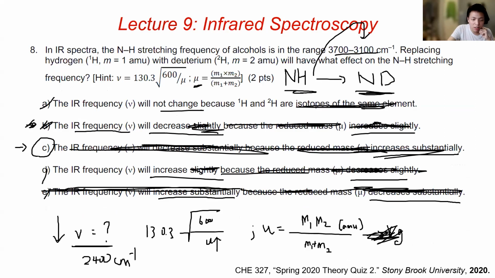Usually just three options: did it change, did the frequency decrease, or did the frequency increase. But in last year's exam, he did ask how much it changed, like what's the degree of it. So that's the part where you have to actually calculate it. So I do recommend you to actually memorize how to use this formula.